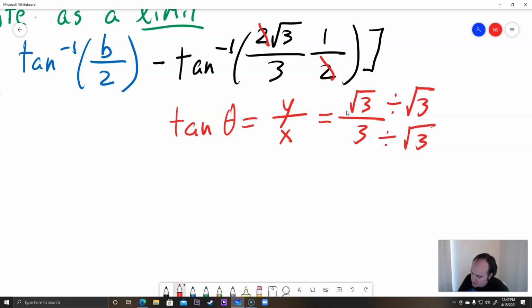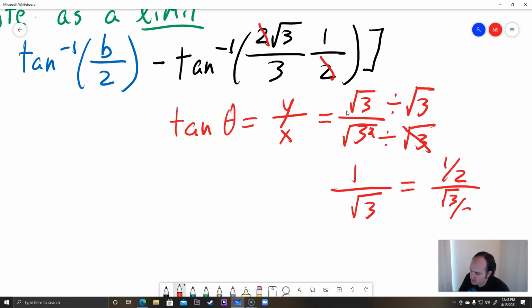On the top we get root 3 divided by 3 is 1. And on the bottom, 3 divided by root 3 is just going to be root 3. The reason that's true is that 3 is the same as root 3 squared, so the square cancels out with the root 3. So this is 1 over root 3, which is the same as 1/2 over root 3 over 2.